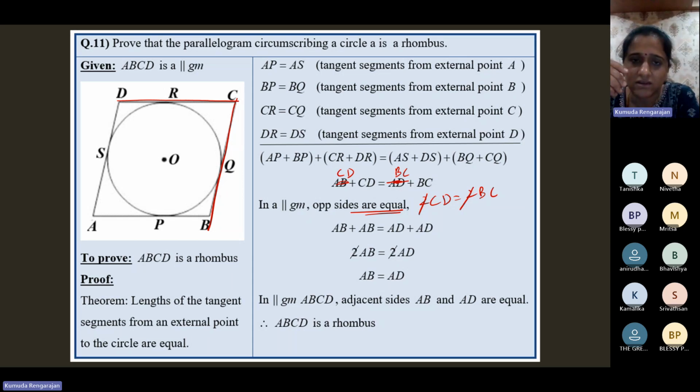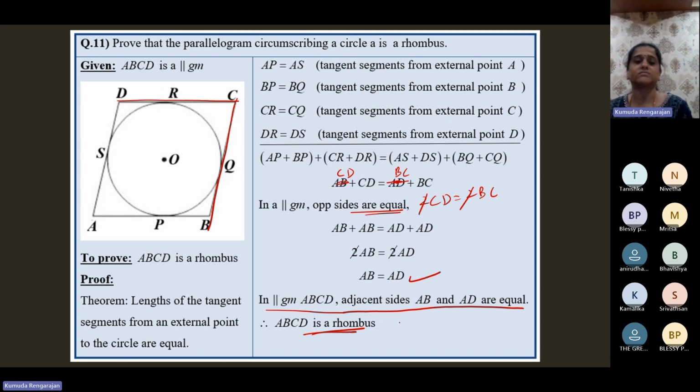For that, you just have to prove one pair of adjacent sides are equal. So that's what we proved here: AB is equal to AD. So in parallelogram ABCD, adjacent sides AB and AD are equal. Then ABCD is a rhombus.